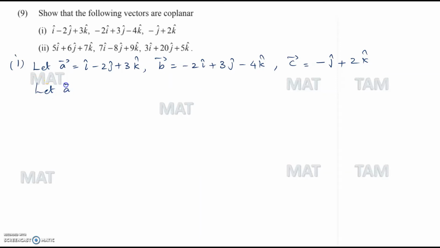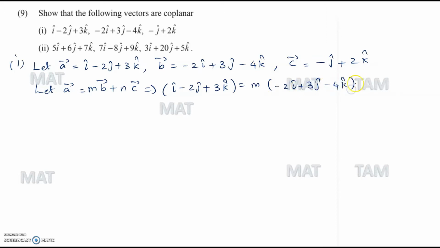Let vector A equal m times vector B plus n times vector C. Substituting, i cap minus 2 j cap plus 3 k cap is equal to m times minus 2 i cap plus 3 j cap minus 4 k cap, plus n times minus j cap plus 2 k cap.